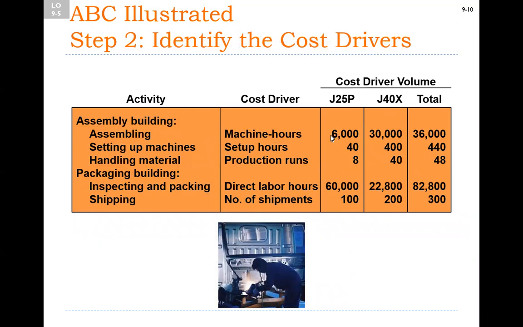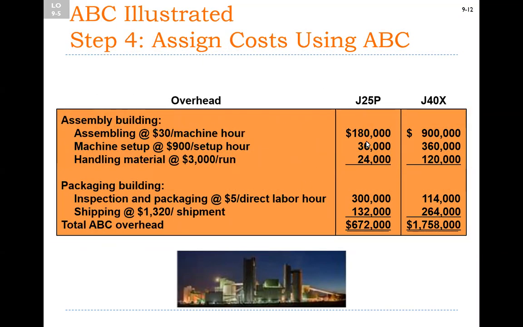So that $30 rate that we found, we multiply it times the 6,000 and we multiply it times the 30,000. And that's how we determine the assembling cost that is allocated to each product. We do the same for every single activity and its respective rate. Once we multiply everything out, then we add down, and that's going to give us the total overhead that is charged to each one of our products.